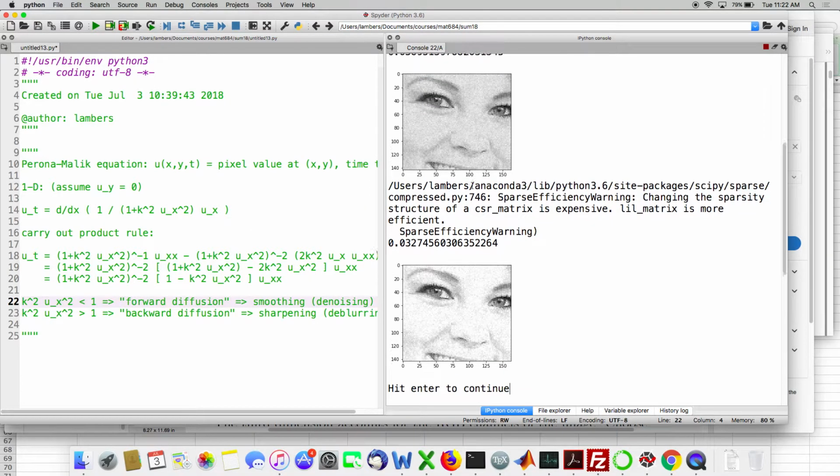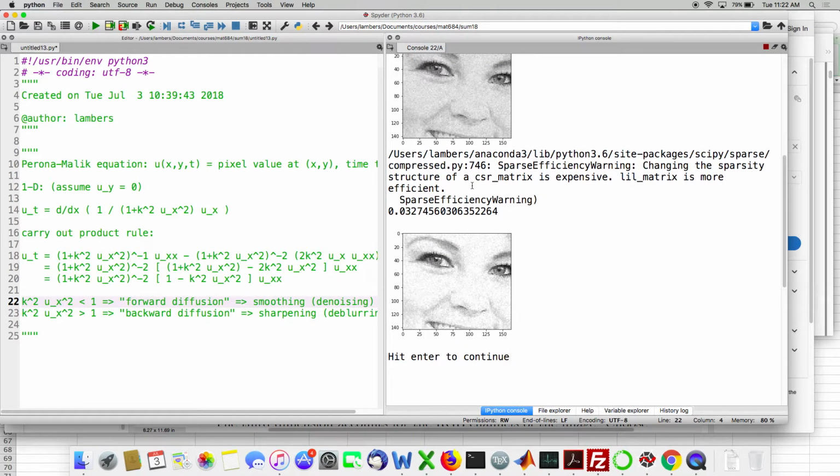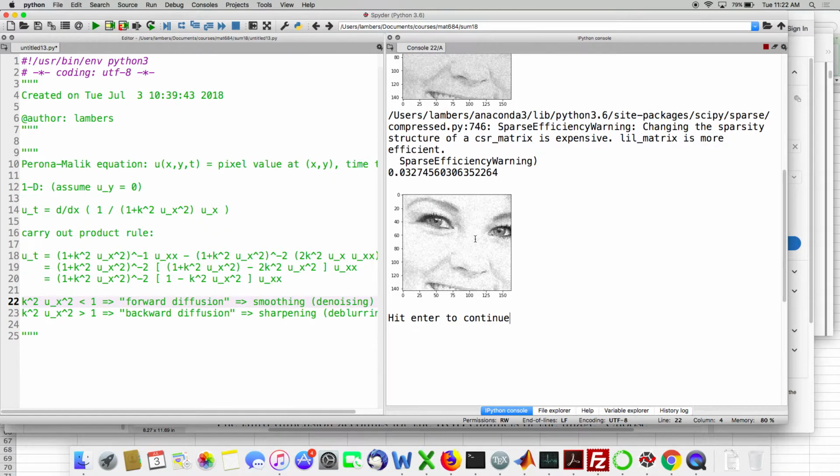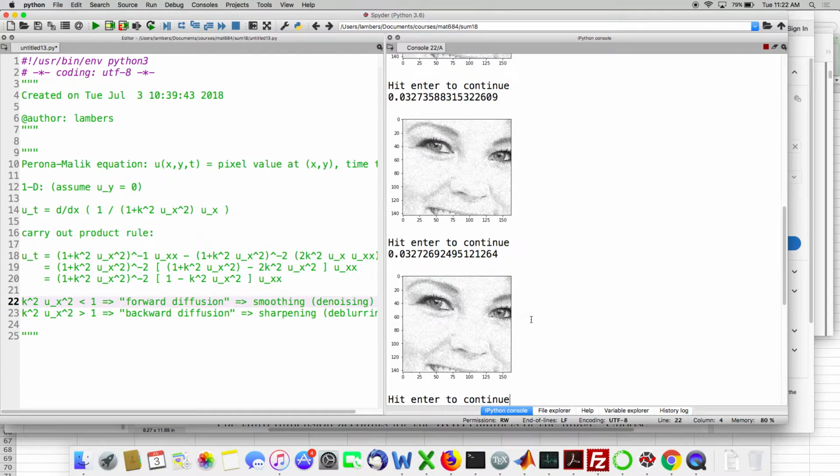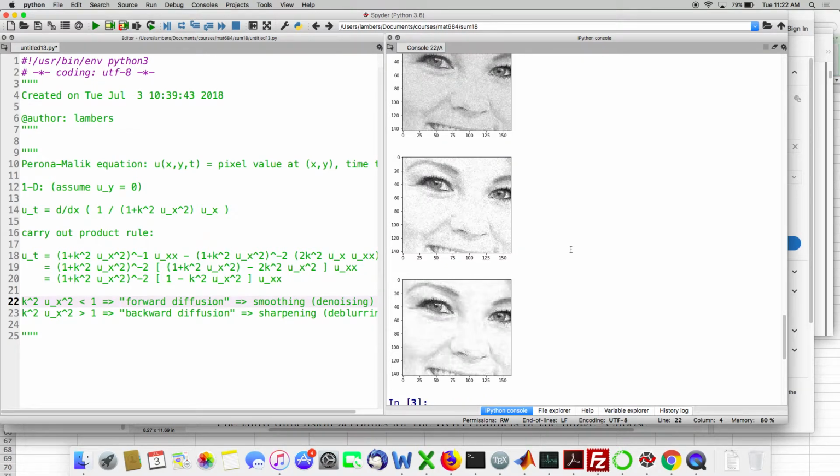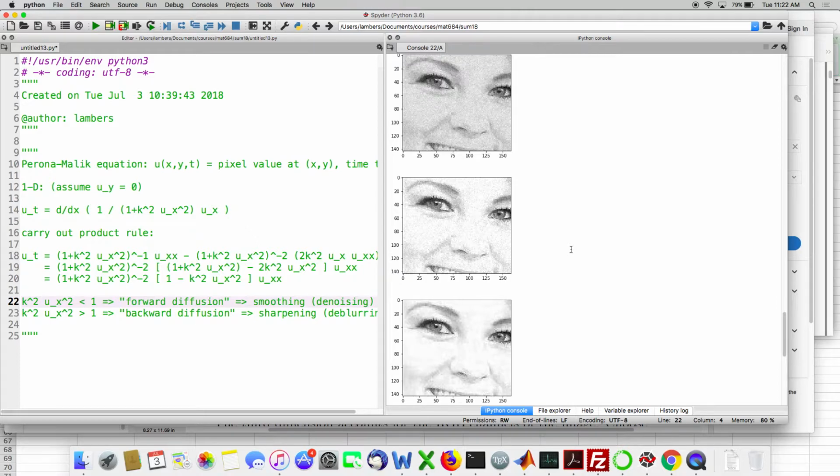Then I run my numerical method, and I'm going to solve this using time stepping. I'm using backward Euler, and I'm just going to take 10 time steps. So here's the result of the first time step, and I'm just going to keep going. It's pretty quick because it's not a very large image. Okay, so what I've shown here, let me confirm which plot is which.